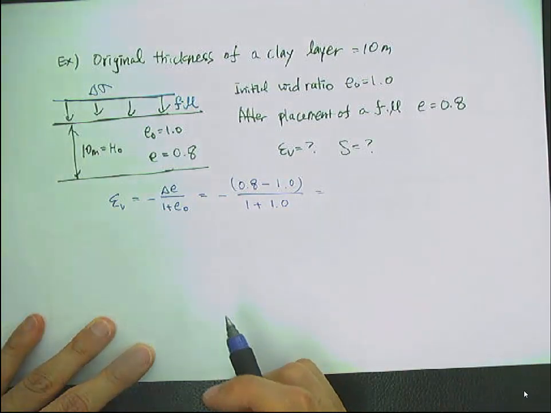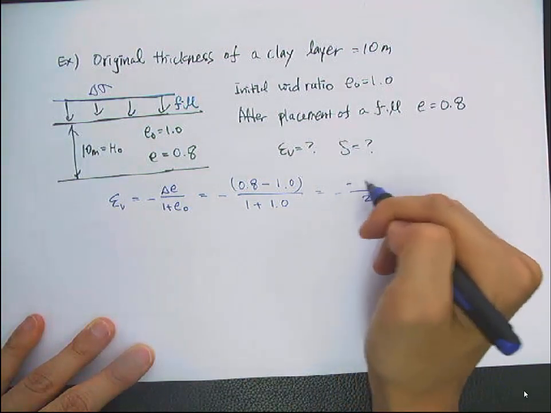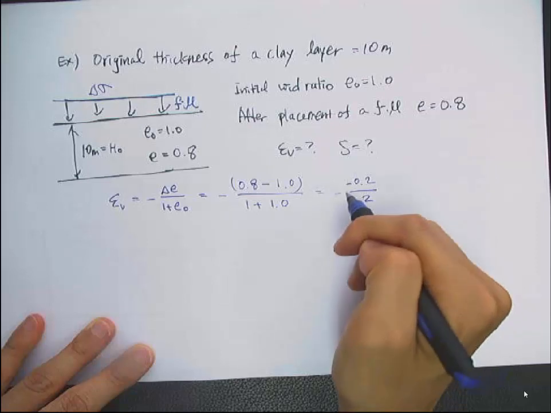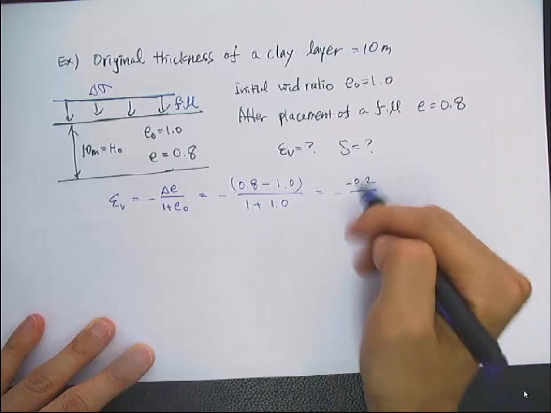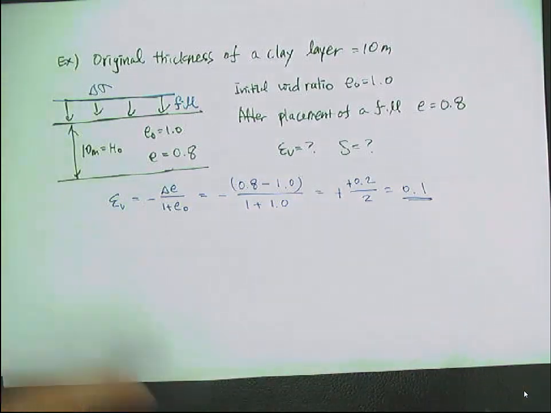So how much is it? Minus 0.2 over 2. We have a minus minus, it becomes positive. So we have 0.1.